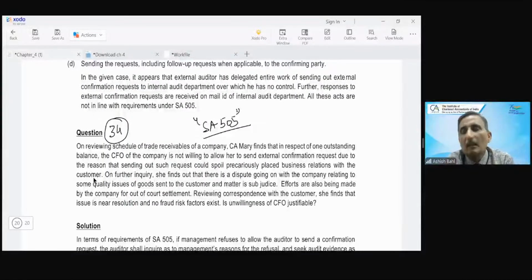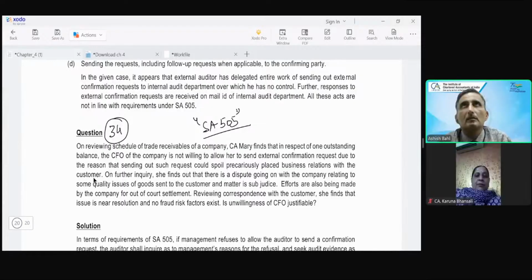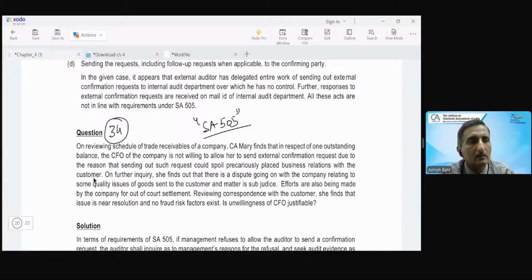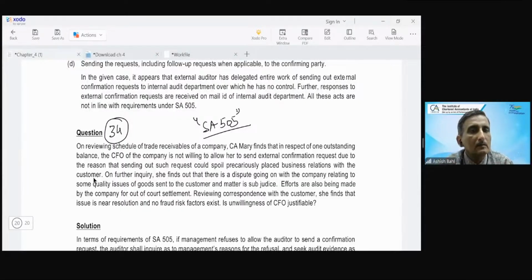Yes, Harshit, you are writing yes correctly in accordance with SA 505.